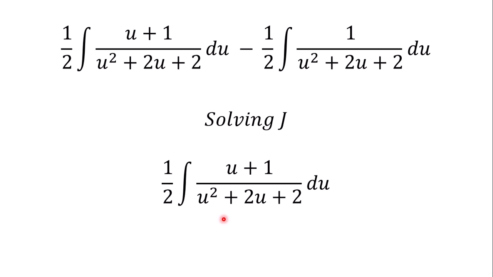We are going to do substitution. We are going to let W be equal to this one. When we differentiate this, we are going to get dW is equal to 2u plus 2 du.